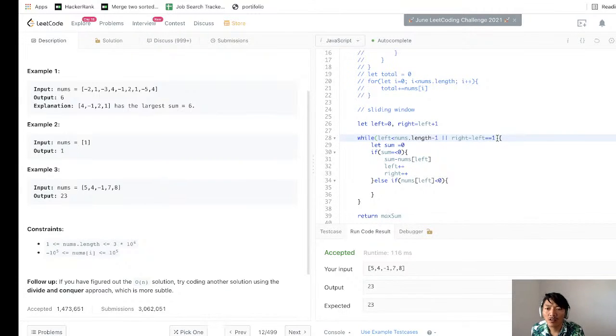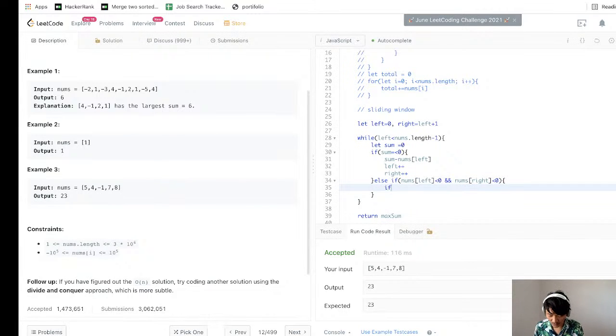No, not this. And if left is less than nums length minus 1, and nums of right is less than 0.